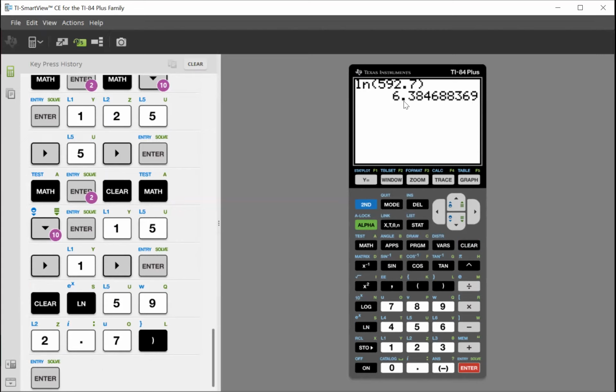So y'all, we got to round this to 4 decimal places. So let's see, 6.384. So the 4th spot is the 6, but behind the 6 is an 8. So I got to round that 6 up into a 7. So I'm going to get 6.3847 on mine, okay?